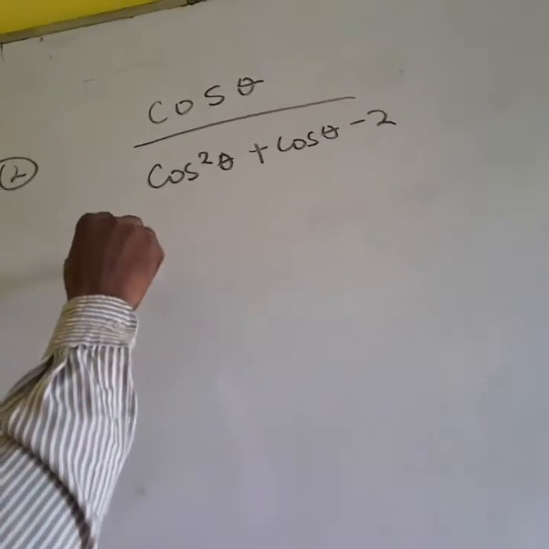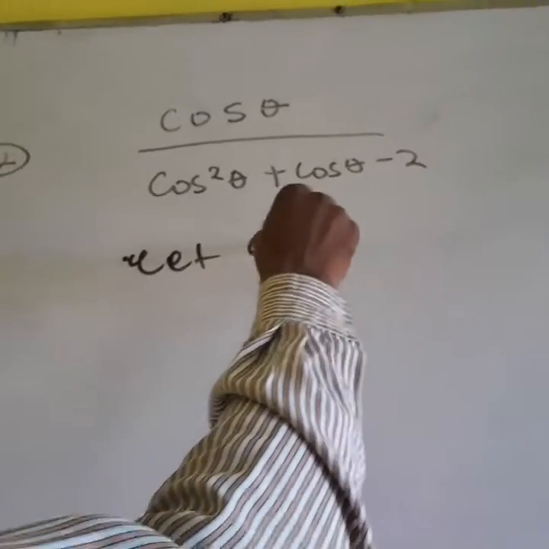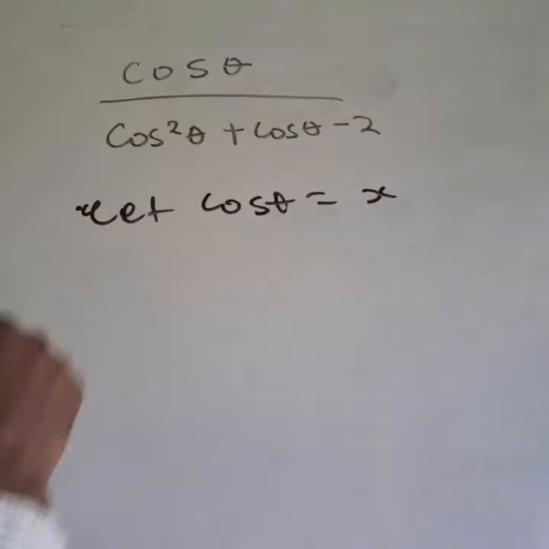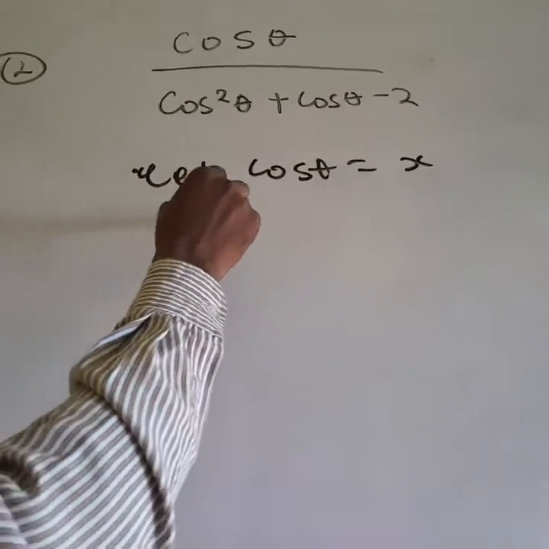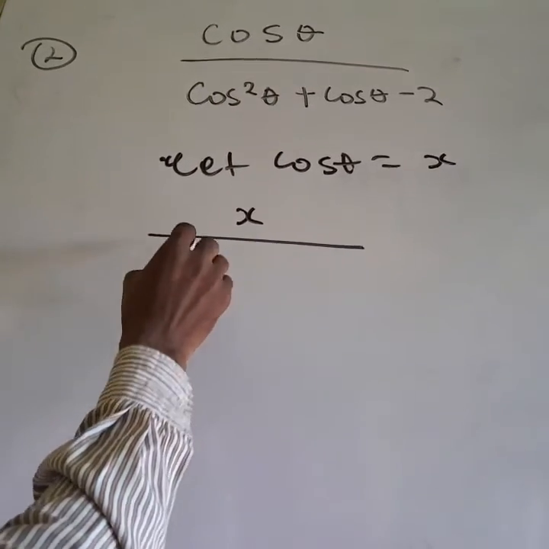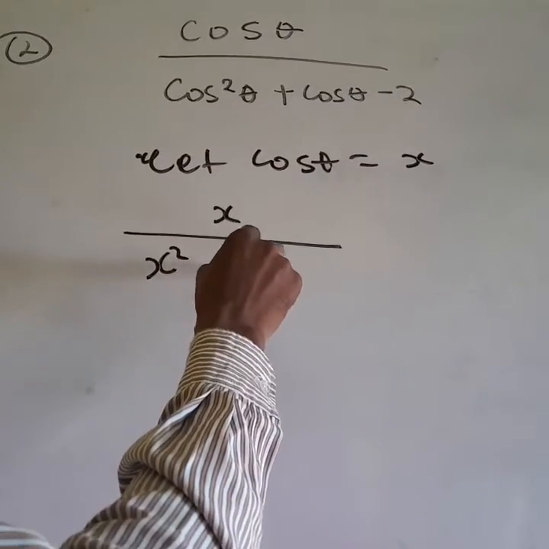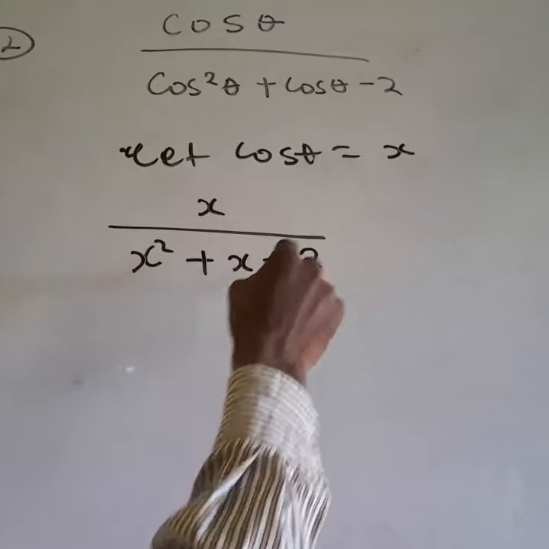So let cos theta equal to x. Anywhere you see cos theta, you put x. So here we now have x divided by x squared plus x minus 2.